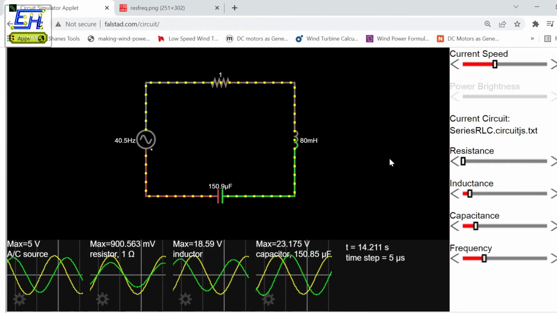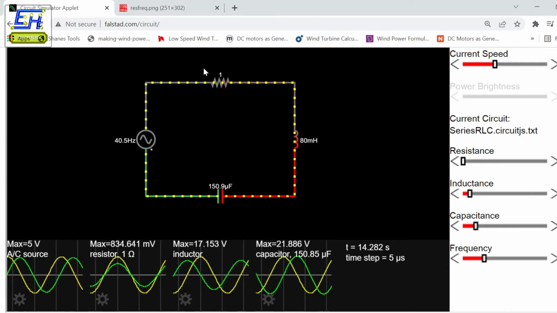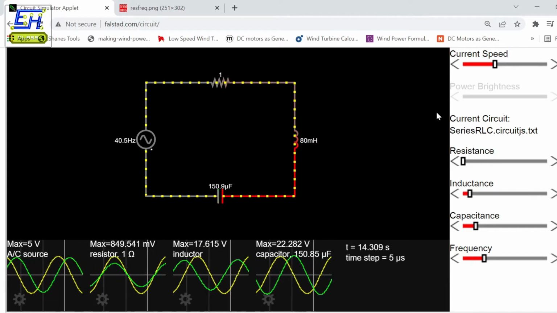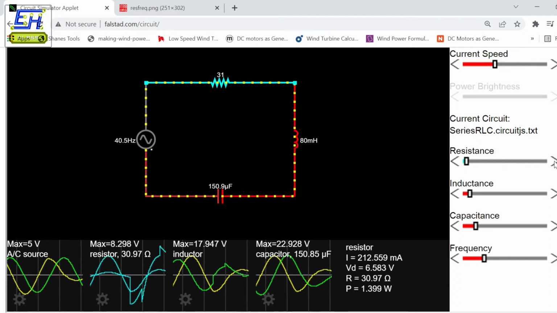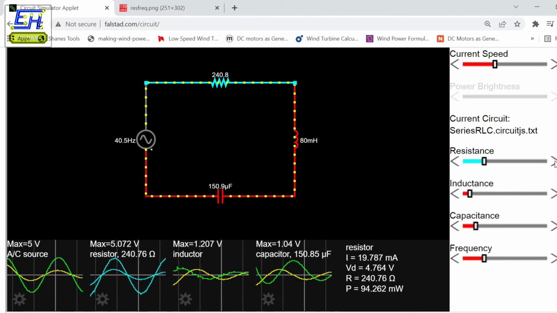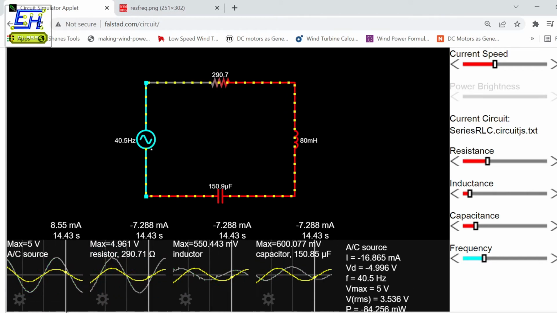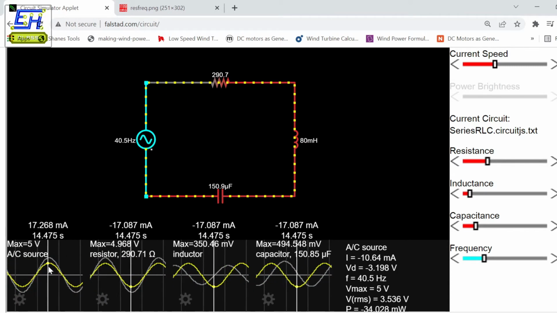And lastly, what about the resistance? What about this resistor value? Currently it is set to a very minimum, negligible value of 1 ohm. But what if we increase its value? Let's see. We are increasing the value. Now you'll notice that at the AC source, both these waveforms are in phase.